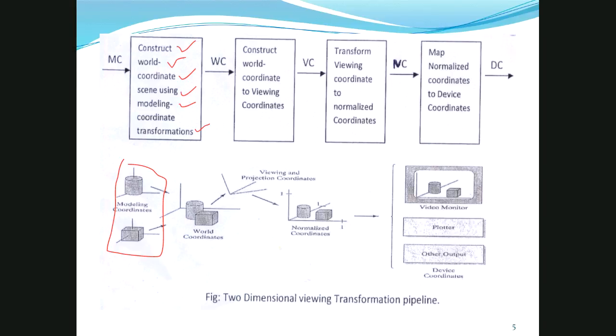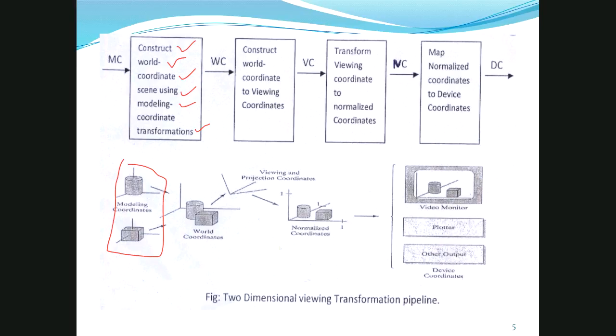So in the modeling coordinates, you can transfer these modeling coordinates to the world coordinates. Here MC means modeling coordinates, WC means world coordinates, VC means viewing and projection coordinates, NC means normalized coordinates, and DC means device coordinates.